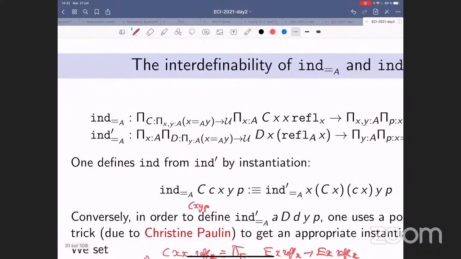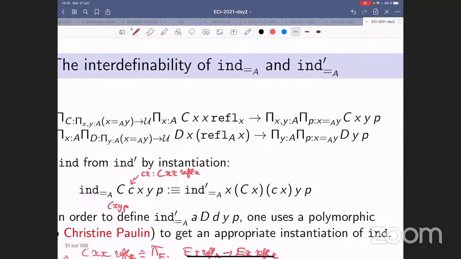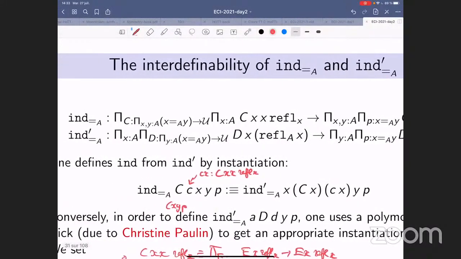We have to remember that a c like this is such that c x is of type C x x refl. And now we need to repackage all this information. X and Y are elements of A, and P is a proof that X is equal to Y. We need to repackage all this information to make it digestible for J prime.